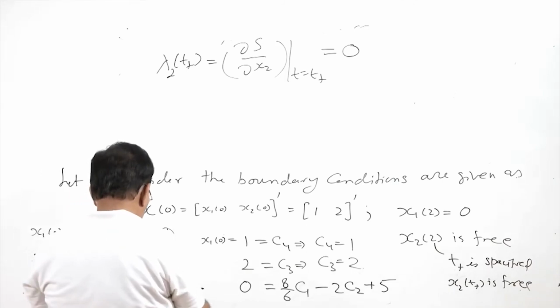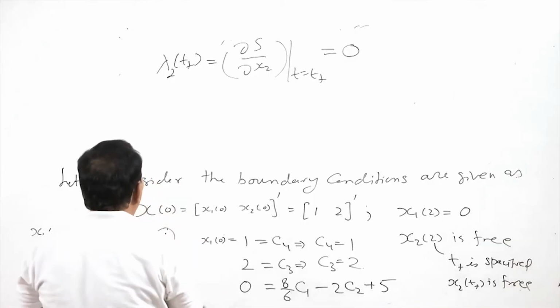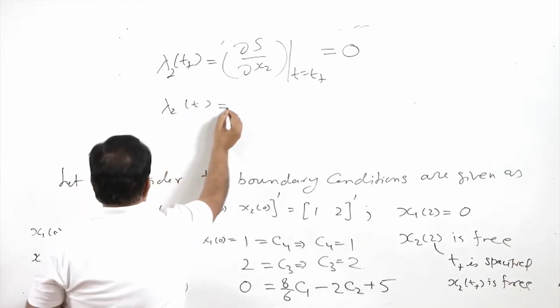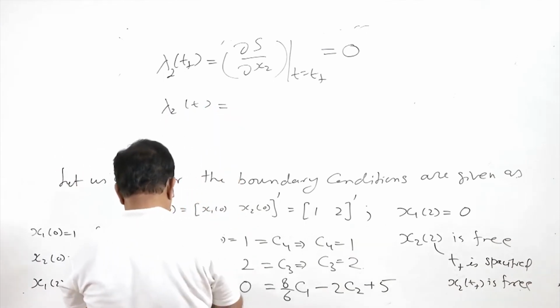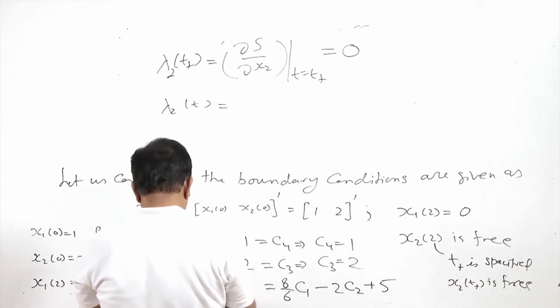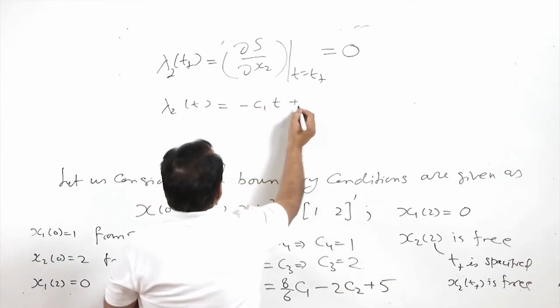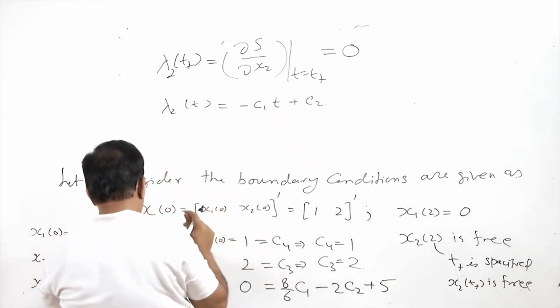This means I will have equation number 2, which will have lambda2(t) as minus C1 t plus C2.